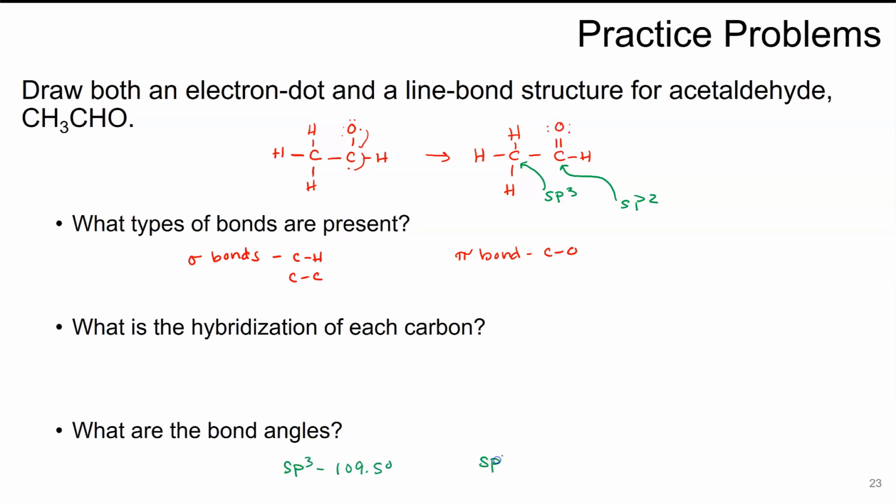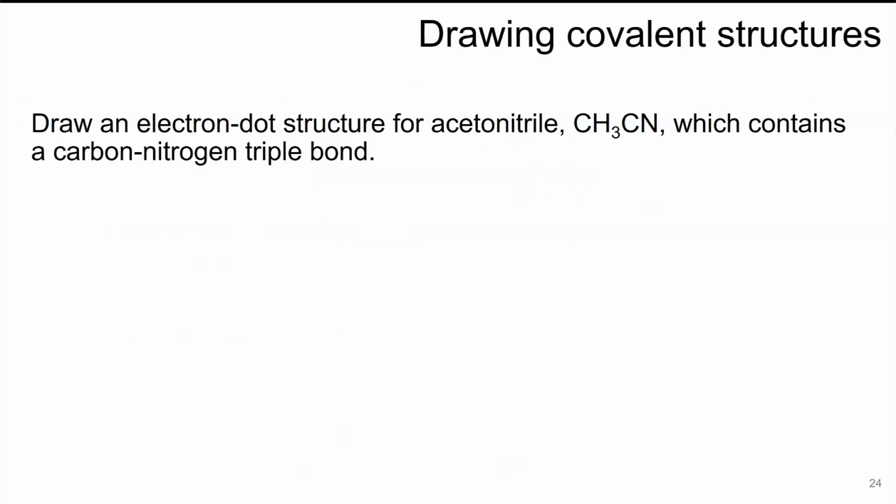For sp2 are 120. So next we want to draw an electron dot structure for acetonitrile, which is CH3CN, and then it tells us that we can have a carbon-nitrogen triple bond. So again, if we look at how this is written out, I have a C with 3 H's to a C to an N. Carbon has 4 electrons, nitrogen has 5.